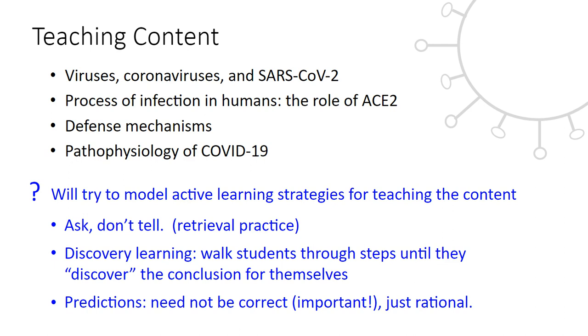And the thing to remember if you're doing this with your students is the prediction doesn't need to be correct. It doesn't need to be what actually happens. It just has to be rational based on what they know at the time. And in many ways, asking students to do predictions is asking them to think like scientists, because that's really how we develop hypotheses that we want to go test. So you'll see a number of places where I'm asking my students to predict something.